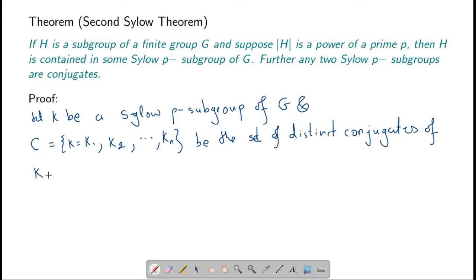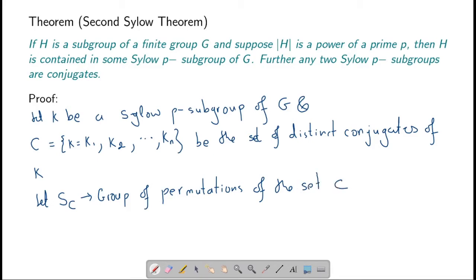Let S_C be the group of permutations of the set C. And by the two lemmas which we have proved earlier, we know that this function T from G to S_C defined by T(g) = phi_g is a homomorphism. Okay, so we know that this here is a homomorphism.